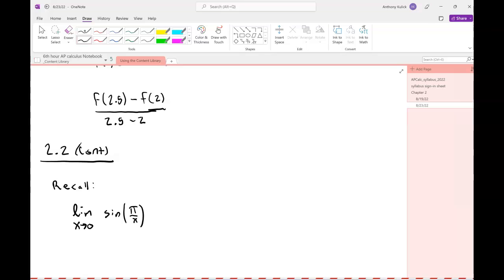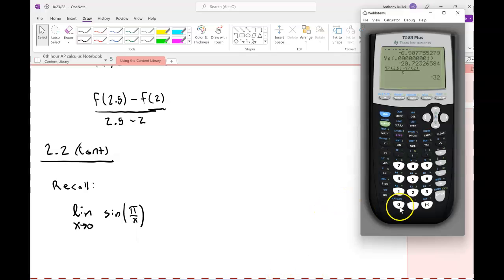Am I right on that? Okay, this is where we had left off. We looked at this, and what did we say this limit was? Do you guys remember? Does not exist. So let's go back and take a look at that just one more time to remind ourselves what was going on there.